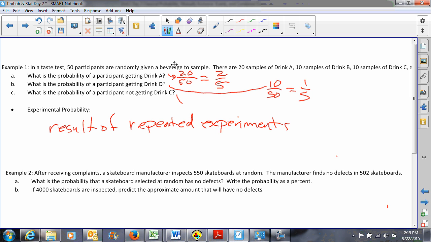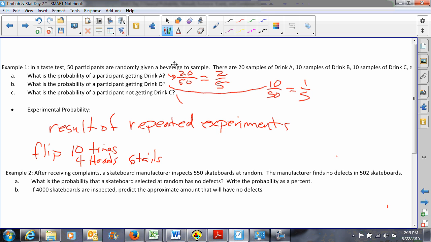A simple example would be if we flipped a coin 10 times, and let's say it came up heads 4 times and tails 6 times. Okay, so we flip a coin 10 times, and we get 4 heads and 6 tails.